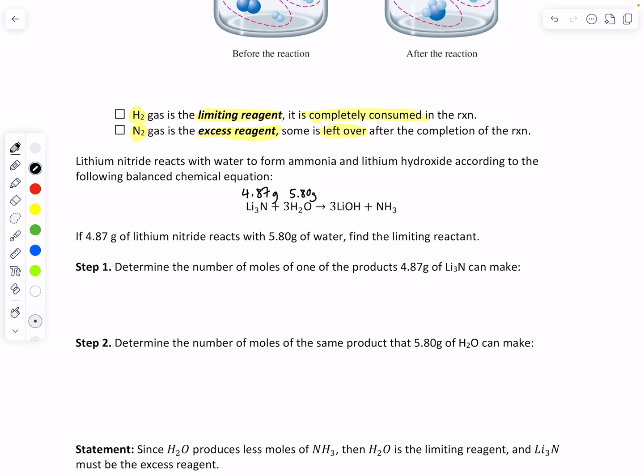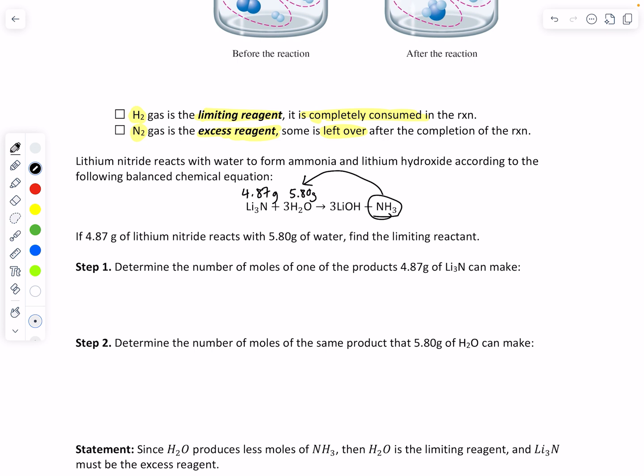In order to find the limiting reactant, we need to see how many moles of NH3 will be formed with 4.87 grams of lithium nitride, and then how many moles of NH3 will be produced with 5.80 grams of H2O.